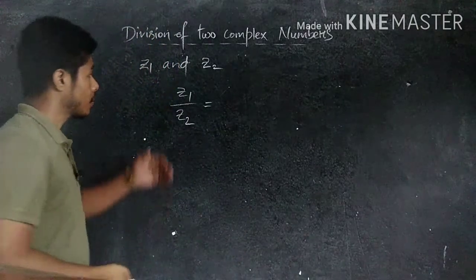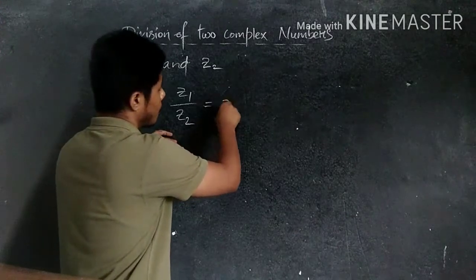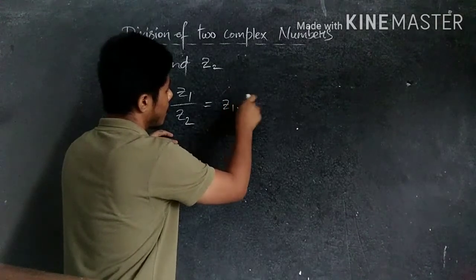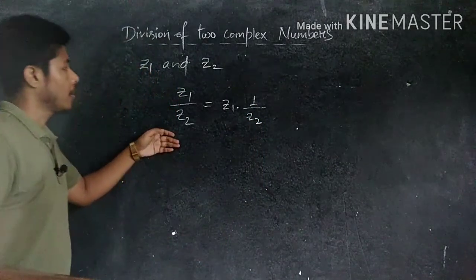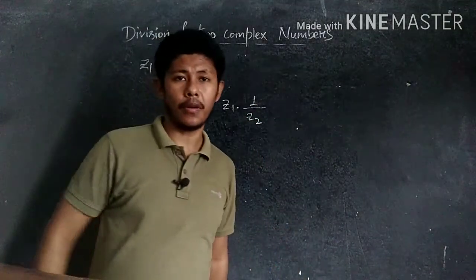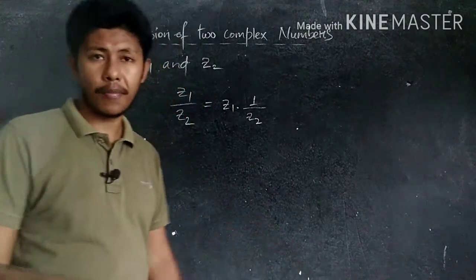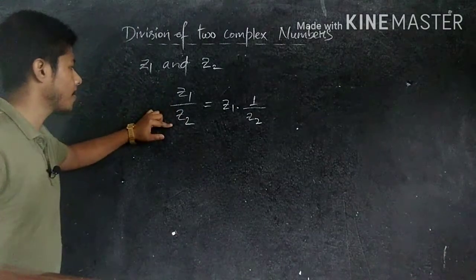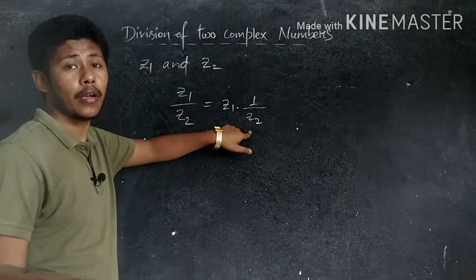Division is directly not possible, so we have to convert the division into multiplication form. So z1 divided by z2, this one we can also write as z1 into 1 by z2, isn't it?